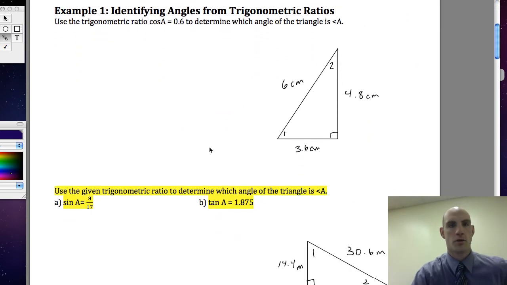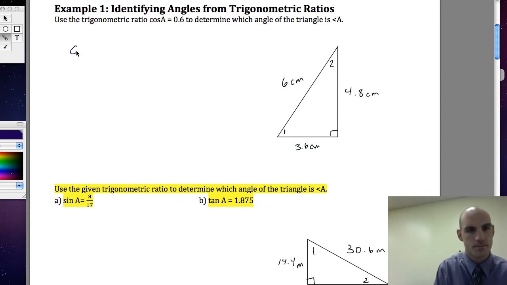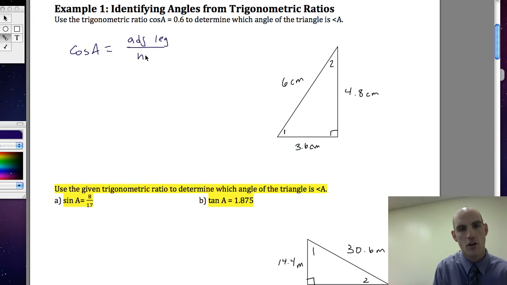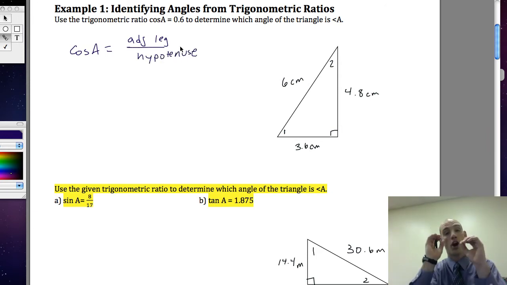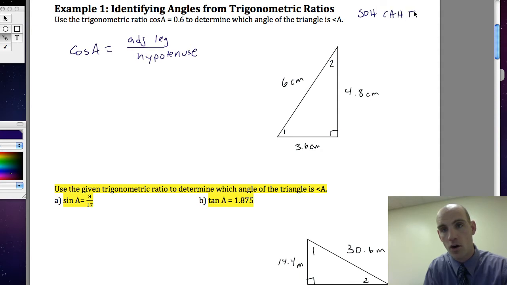In example 1, we have something like this. Use the trigonometric ratio of cosine A equals 0.6 to determine which angle of the triangle is angle A. Well, if I say that cosine A is equal to the adjacent leg over hypotenuse, remembering, of course, SOHCAHTOA, adjacent over hypotenuse.